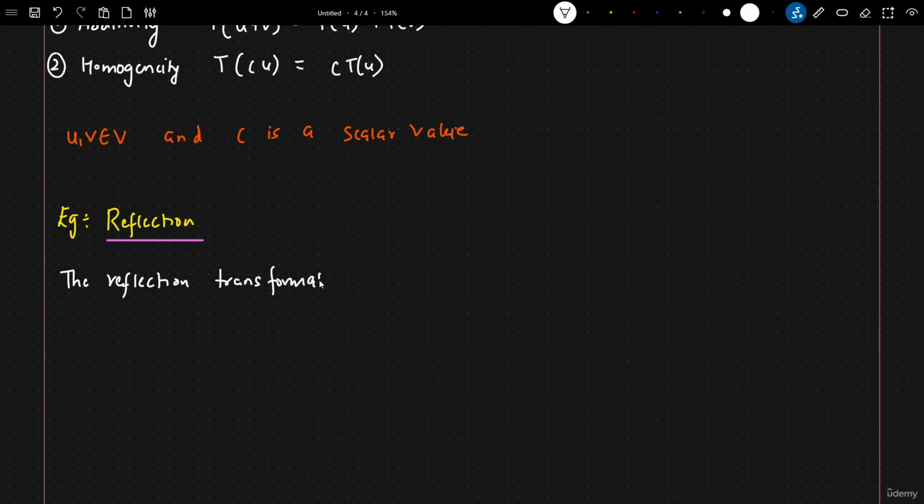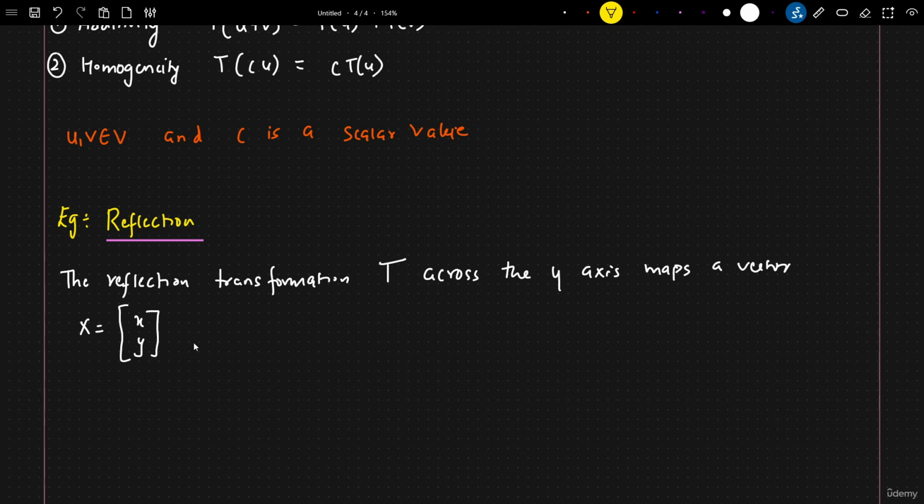Let's consider this transformation T, reflection across the y-axis, which maps a vector x, denoted by x comma y. This is a two-dimensional vector, so in short, it belongs to R squared.